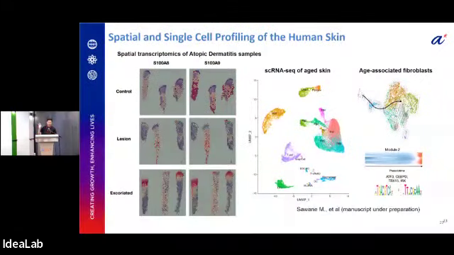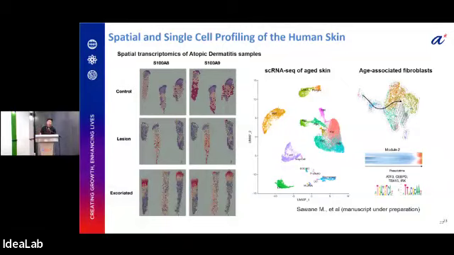Some of the work is a bit old, but we're still preparing the manuscript for this. On the left, again, is a Visium SD, standard definition, just looking at different disease states. And you do see very distinct signatures of the S100 genes in the more severe condition of atopic dermatitis. On the right, it's aged skin versus young skin.